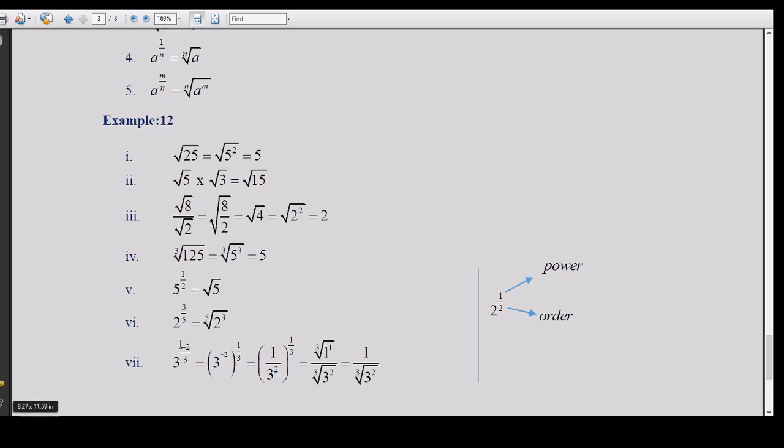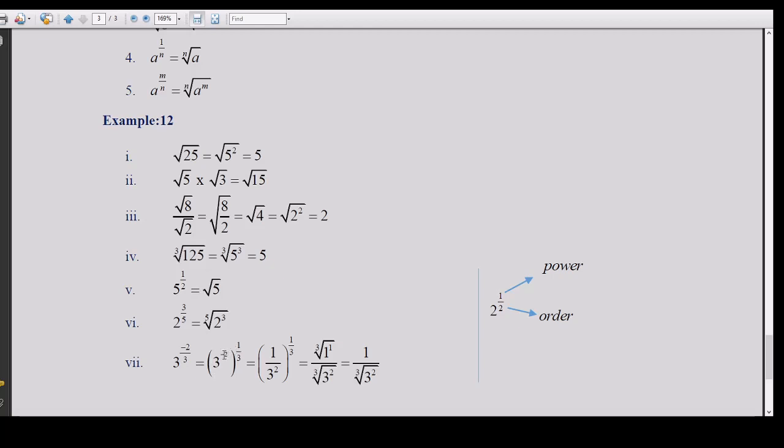Clear? Now 3 to the power of minus 2 by 3. You can write this as 3 to the power minus 2 times 1 by 3, isn't it? Because if you write the bracket, this power will have to multiply itself.